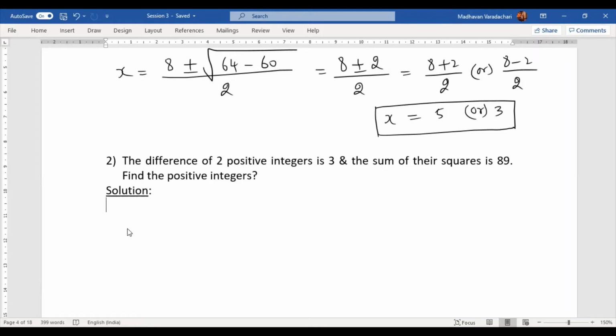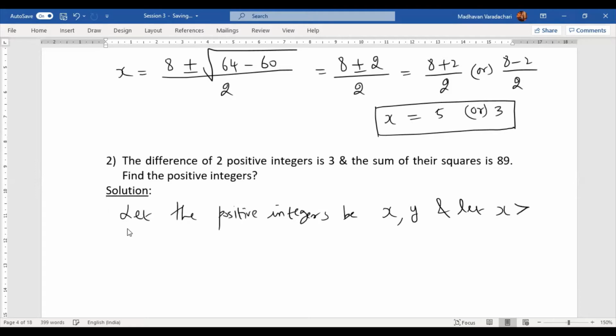Let us say like this, in order to understand, let the positive integers be, I am first initially considering two variables or two unknowns, x and y. And let x be greater than y.